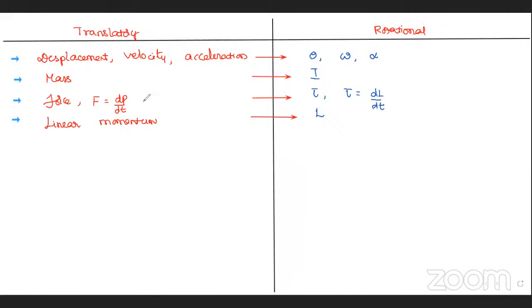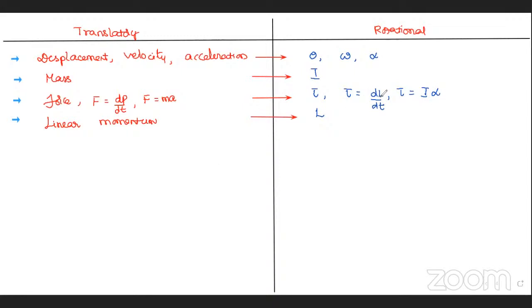And here we got F is equal to ma. Same type of equation we got there. Tau is equal to I alpha, where mass is analogous to I and acceleration a is analogous to alpha.